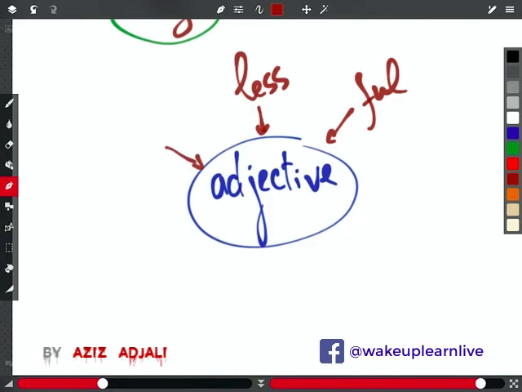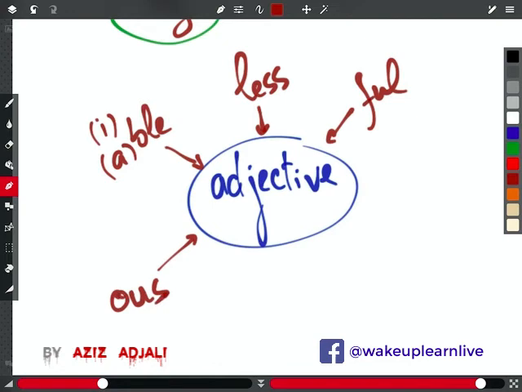Another suffix is ble. So with ble we have able or we have ible. One of them. So we have acceptable, advisable, achievable, collapsible, drinkable, visible, all of these. We have also ous. Like this, we have disastrous, humorous, furious, dangerous, courageous.